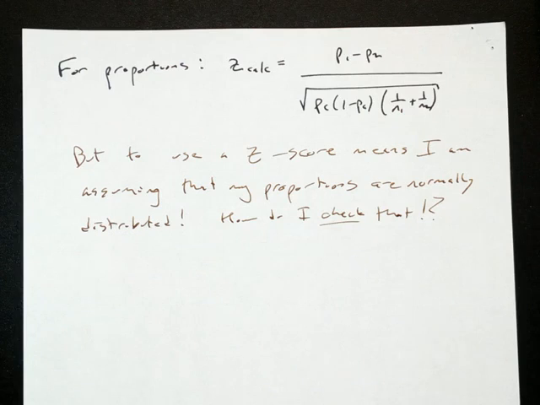We had a discussion about checking proportions for normal behavior in chapter 8.